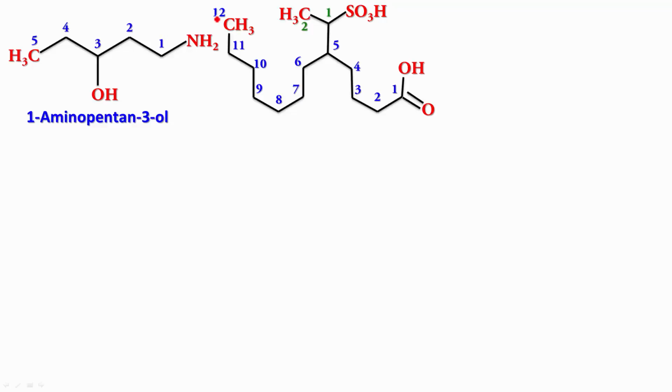And what was the prefix for SO3H? It was sulfocarbonyl. But first write the parent. The parent is pretty simple. Parent is dodecanoic acid. And at position 5, we have 1-sulfocarbonyl ethyl, or rather 1-sulfocarboxy ethyl.